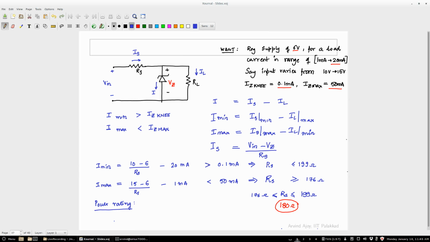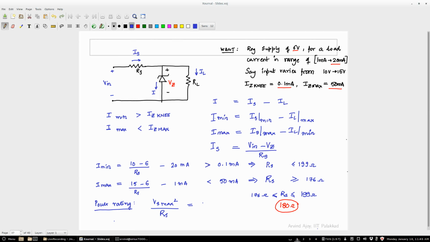The power rating, right? So basically find out what is the maximum current and work with that, or you can find out the maximum voltage and work with that also. What's the maximum voltage across the resistor?